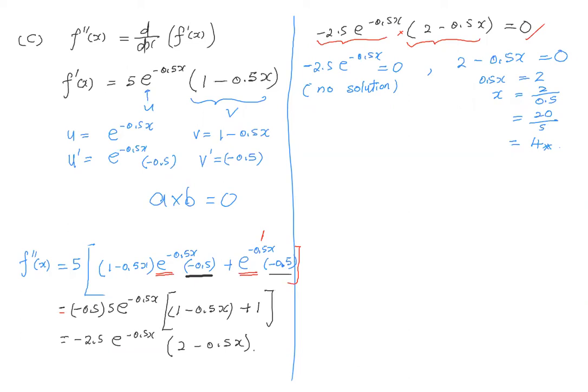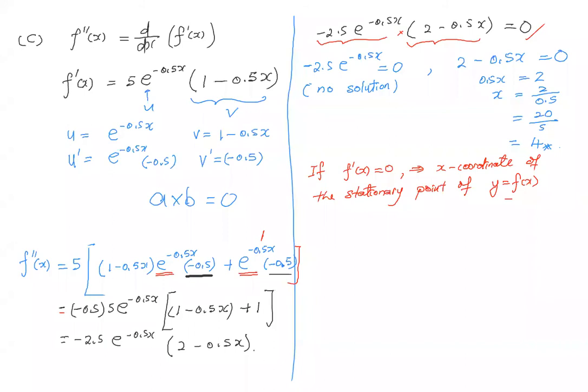Okay, so listen here carefully. I'm going to say something extra here. So we know that if f prime x equal to 0, this gives us the x coordinate of the stationary point of y equal to fx, correct?